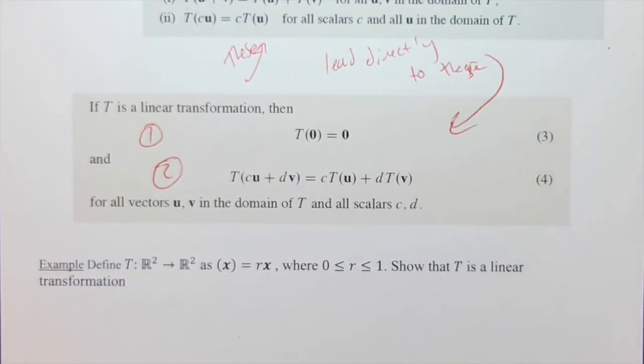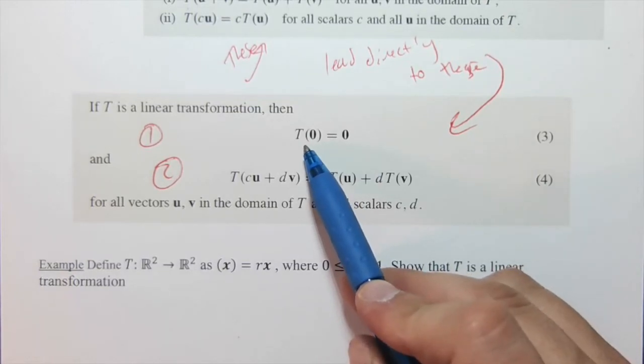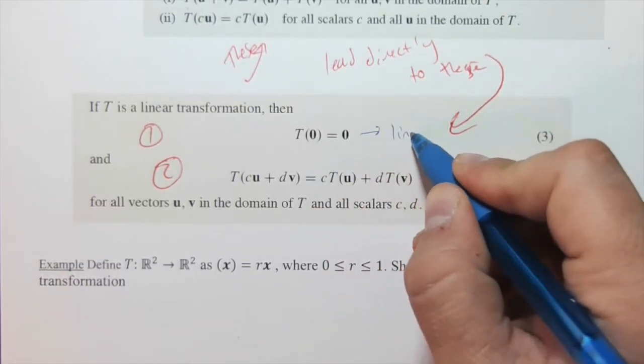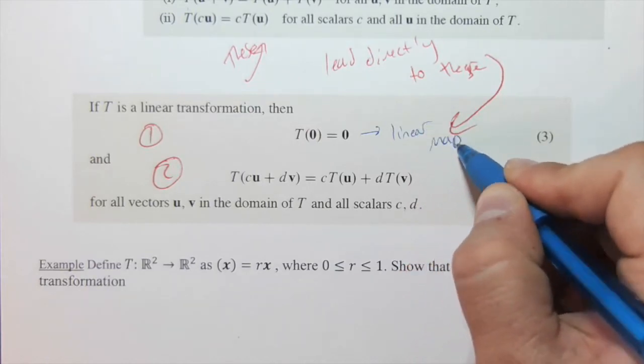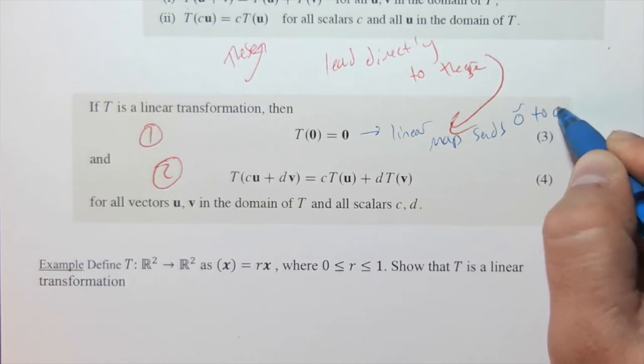We're going to do a quote-unquote proof in a second, although I've already sort of talked about how it works. But let's just explain this again. This one's talking about how linear transformations send the 0 vector to the 0 vector. Any kind of linear map is always going to send the 0 vector to the 0 vector.